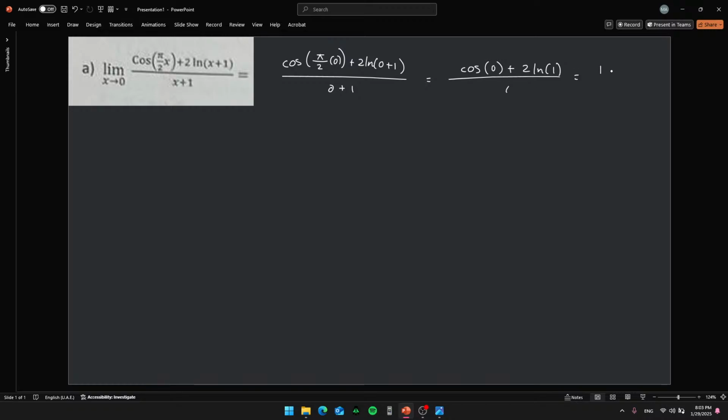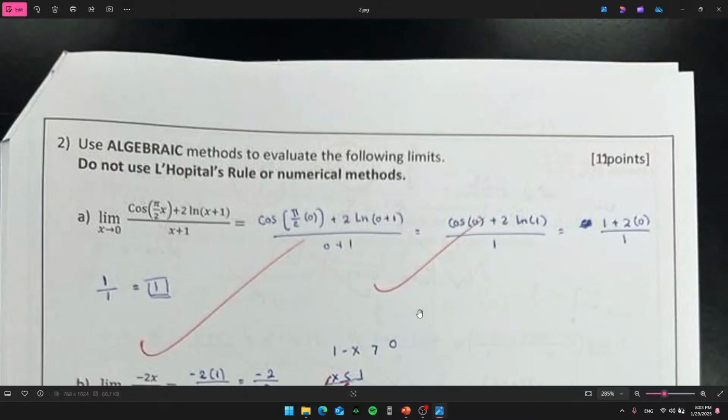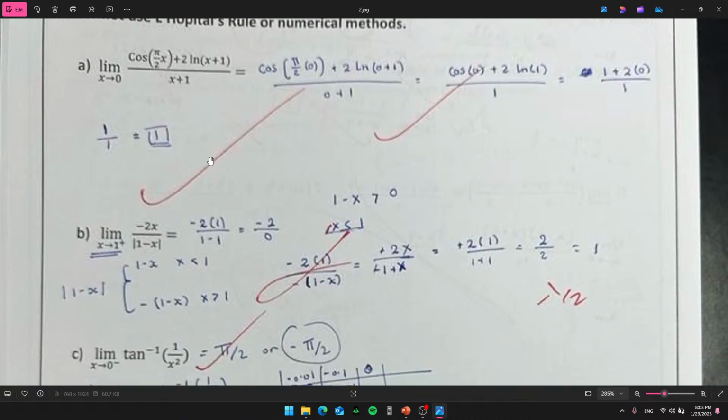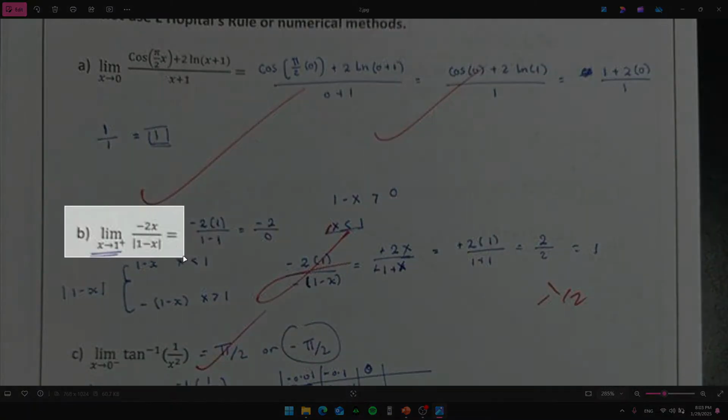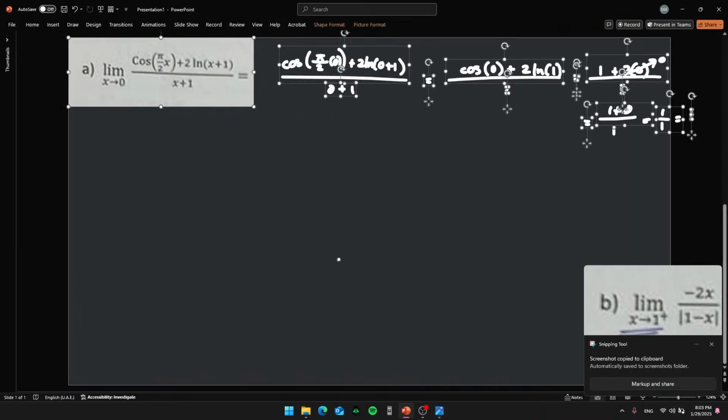Cosine of 0 is 1, plus 2 times ln 1. Ln 1 is 0. So 0 over 1, so 1 plus 0 over 1 is 1 over 1, and 1 over 1 is 1. So just plug in the number and you should be fine. Okay, next question. Always plug in the number.